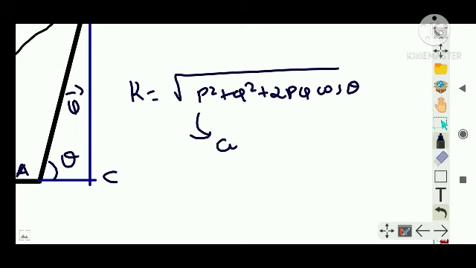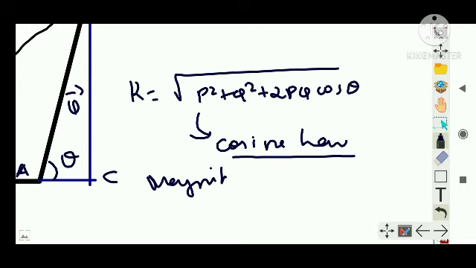This formula is also called the cosine law. That is the magnitude from the parallelogram law method, also called the cosine law as per mathematics.